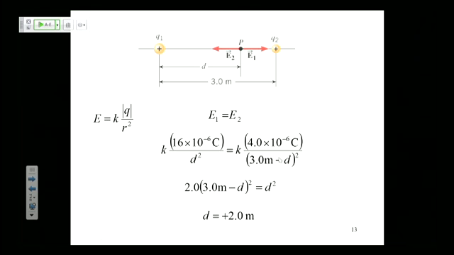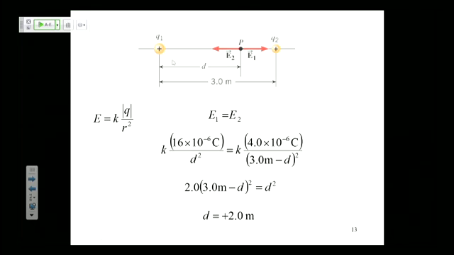If you divide both sides by K, K cancels out. When you simplify, you end up with this equation for D. You have one unknown. The easiest way to solve this equation is to take the square root of both sides. Simplify, you get finally this value for D. So D equals 2 meters.